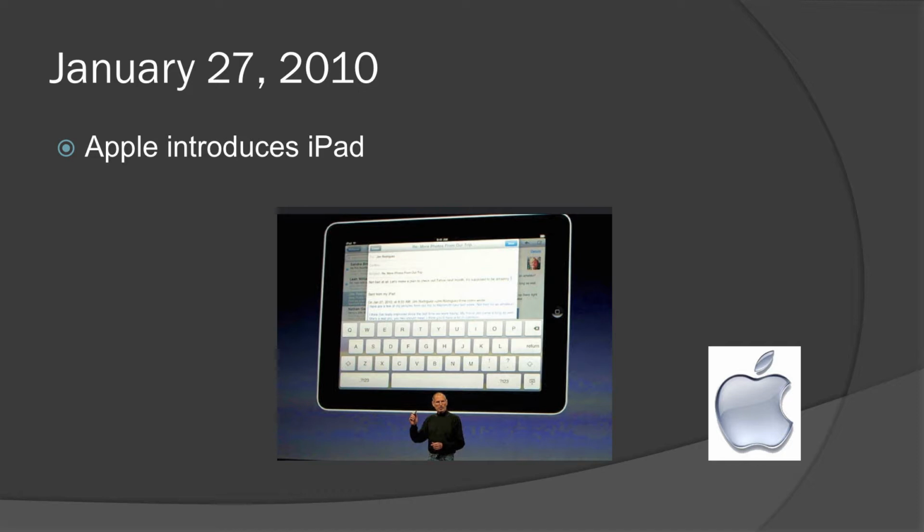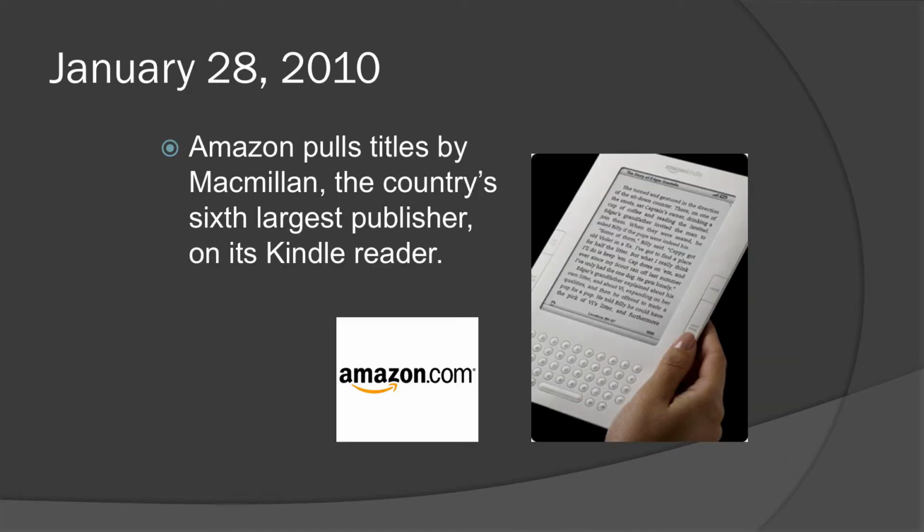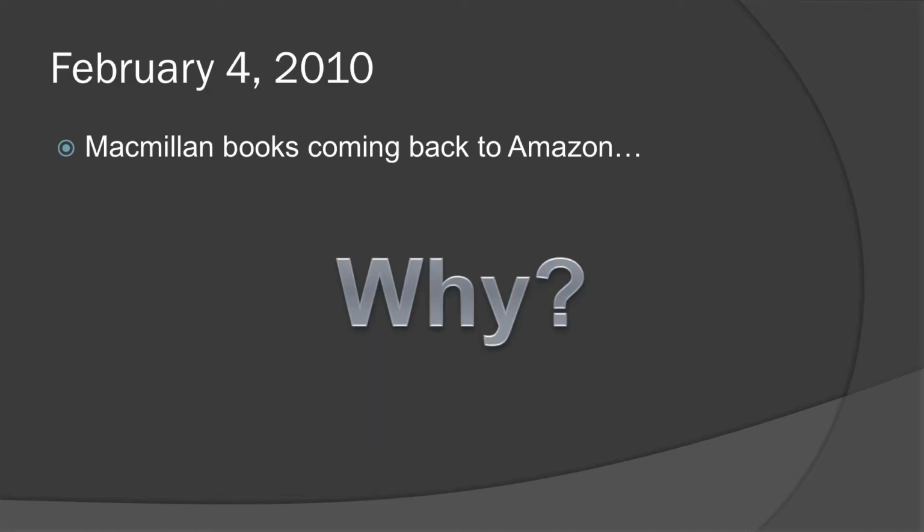Well, just the very next day, Amazon announced that they're going to pull all of the titles from their marketplace from Macmillan, the 6th largest publisher in the world. Why? It's because Amazon was pressuring Macmillan as a supplier, and they had the power to do it.